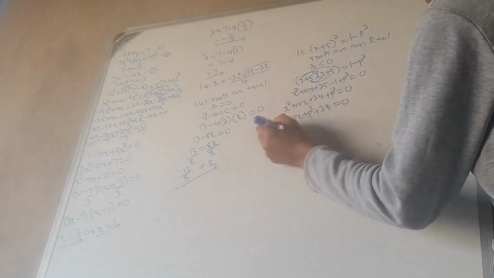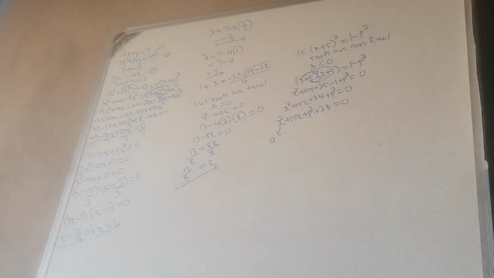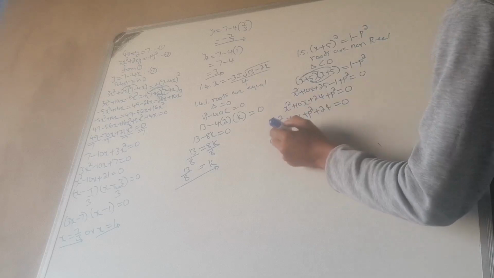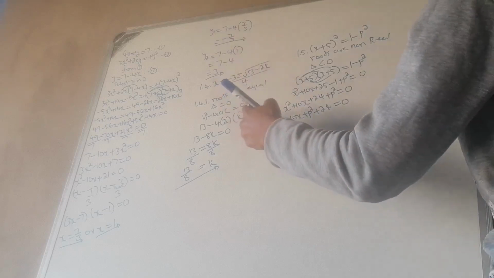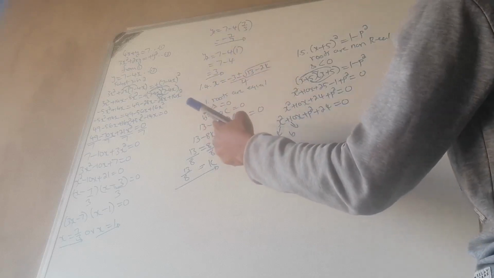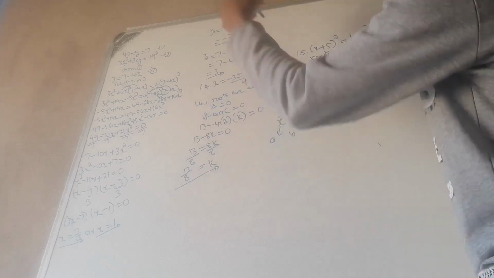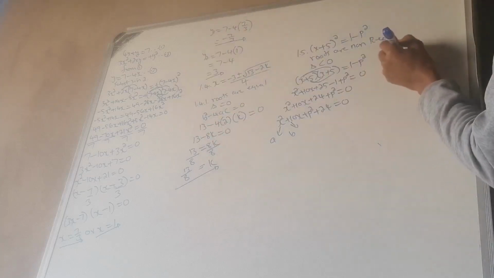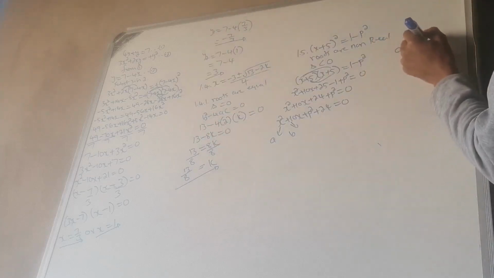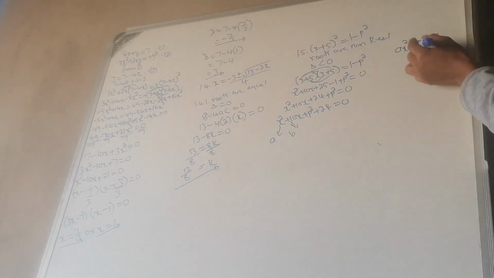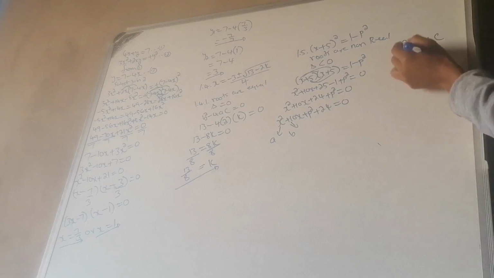So this will be my a, this will be my b, because b is the coefficient of x. Always I know from ax squared plus bx plus c, b is the coefficient of x, a is the coefficient of x squared, and c is a constant.